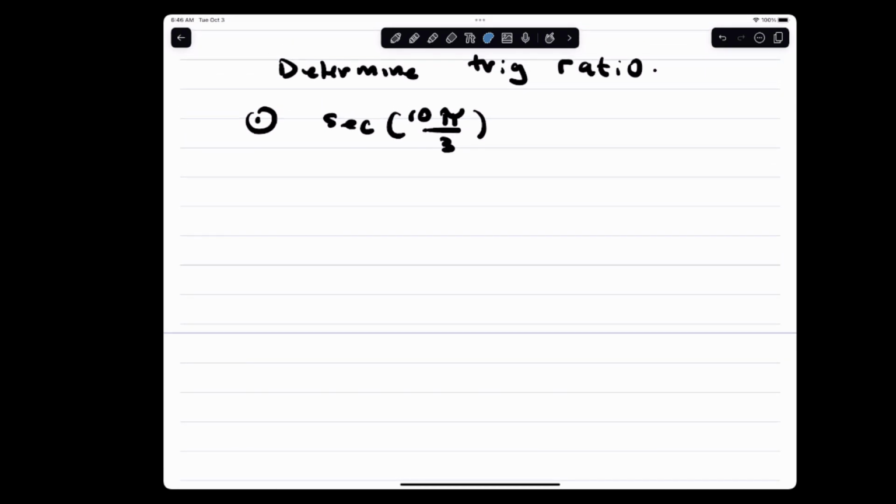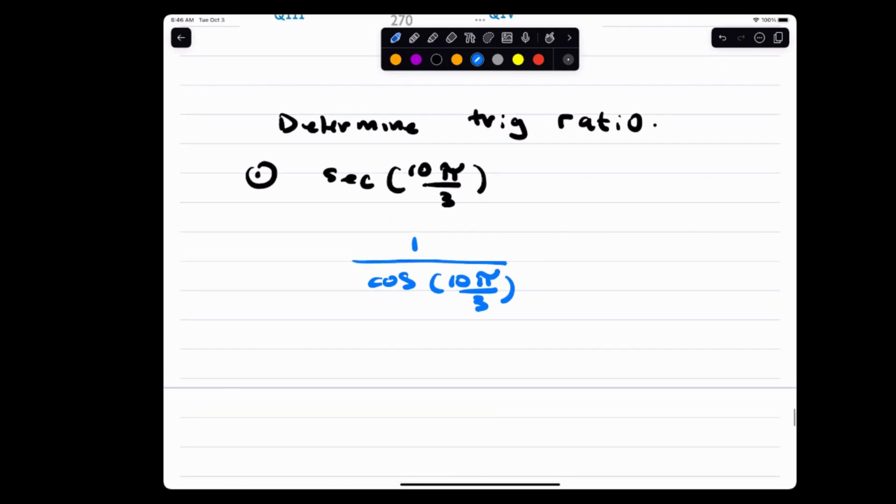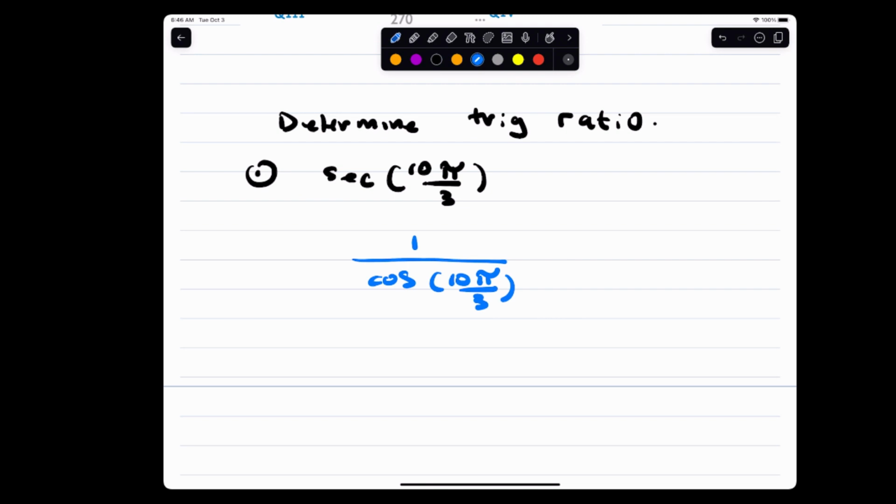Now, I do want to say a few things first, right? How I think you might want to approach this is to remember, what is secant? Isn't it the reciprocal of what? Cosine. So I'm going to write that as the reciprocal of cosine. Okay? This is the reciprocal of cosine.